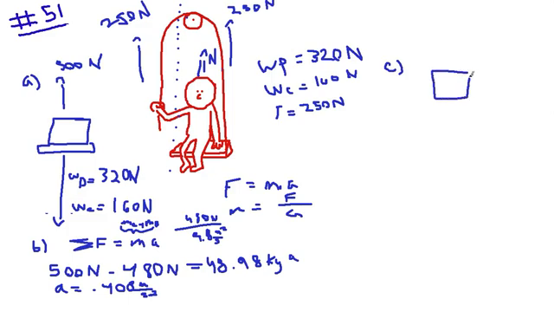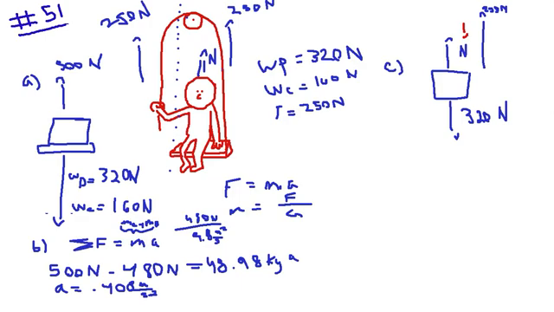In our free body diagram here, this is the normal force, this is the 250 newtons from the tension, and here is the weight, which is 320 newtons. It's asking what the normal force is.